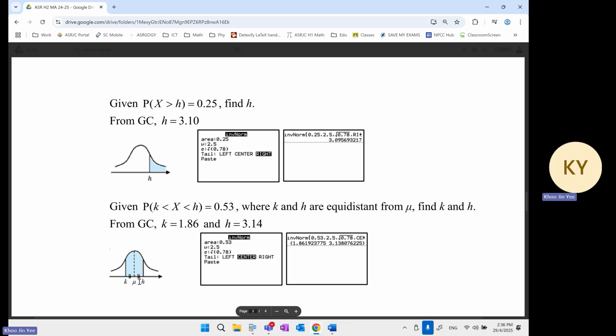Then you will need to consider the first area minus the second area. Okay, so example.